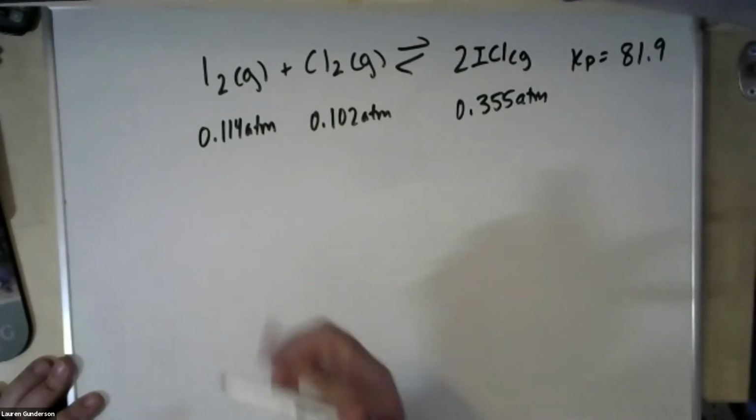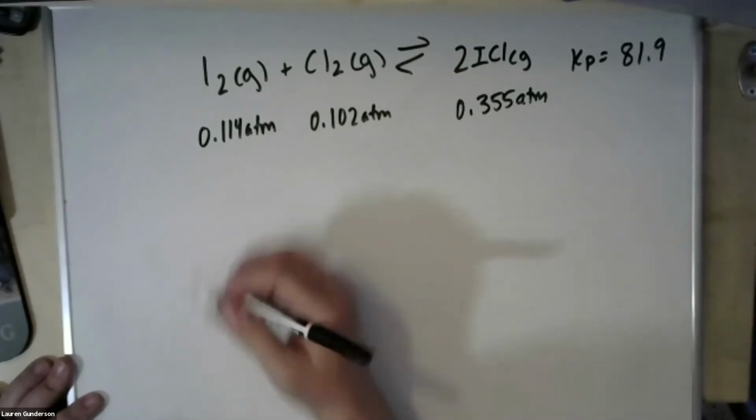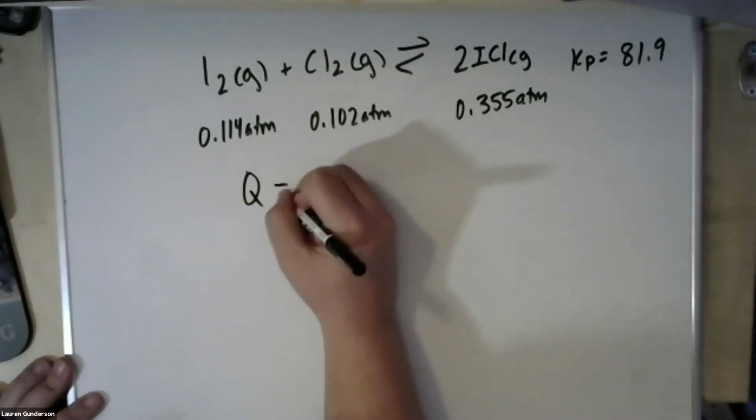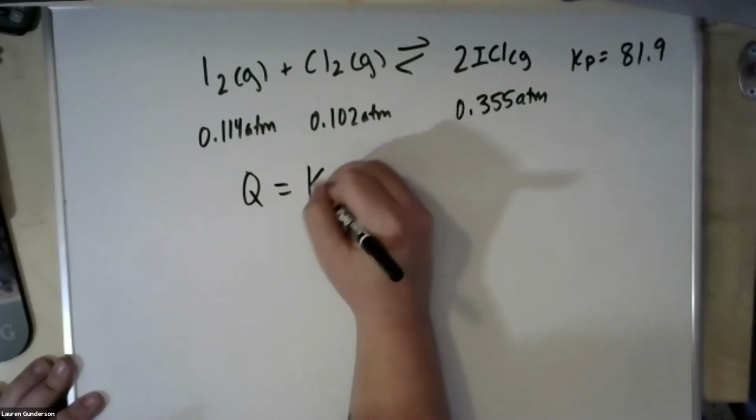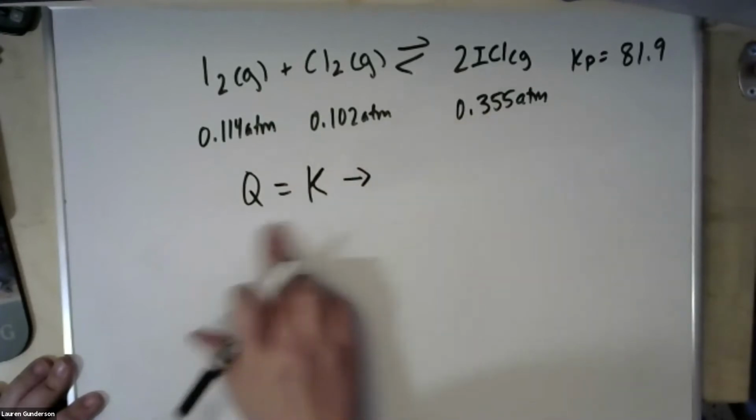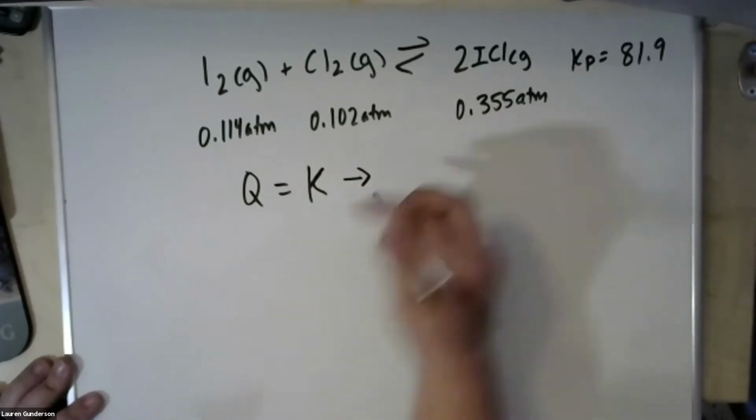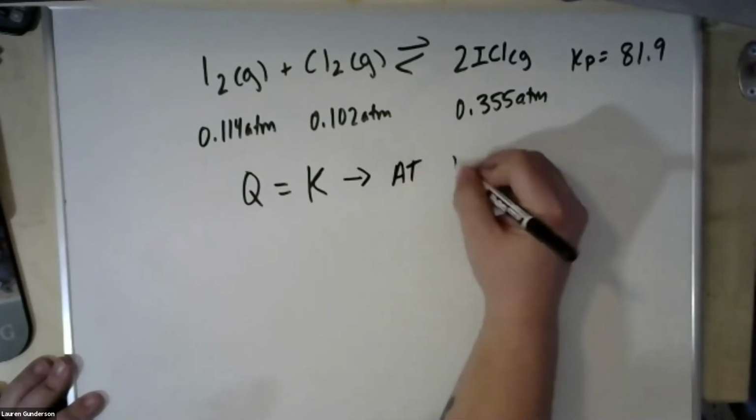All right, the first thing to realize is that when your Q value is equal to your K value, this is the point where your reaction is at equilibrium.